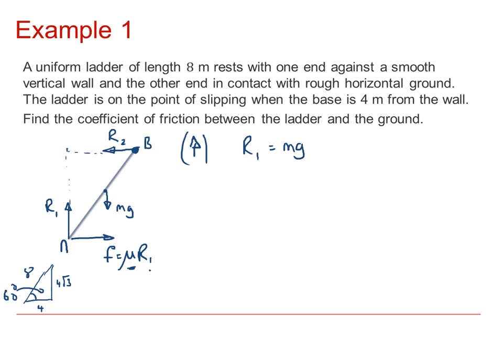If we call the ladder AB, then taking moments about B, we can see that we have got in the anti-clockwise direction F produces a moment, and the distance of F from B, the perpendicular distance, is 4 root 3 from the work we did earlier, so that we have F multiplied by 4 root 3.